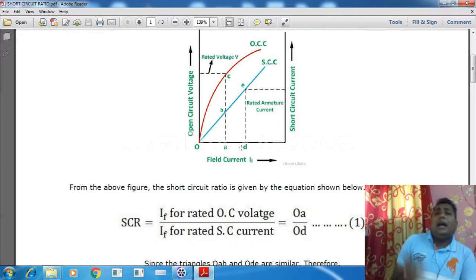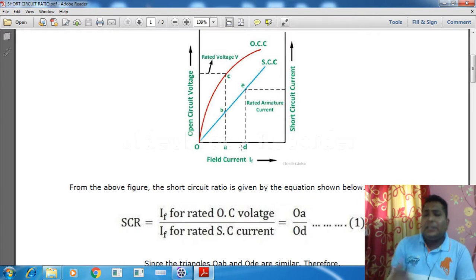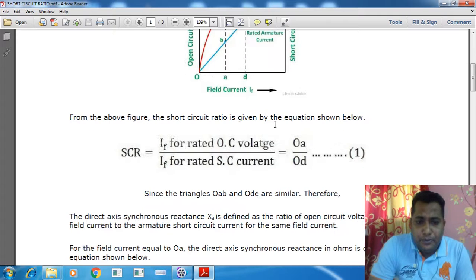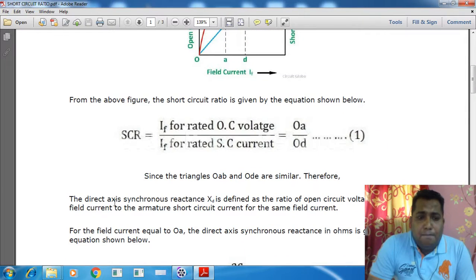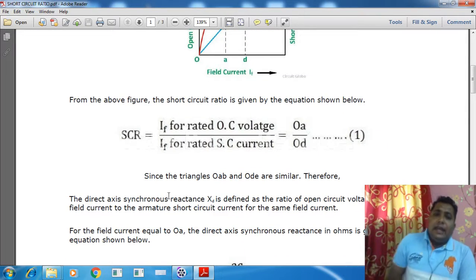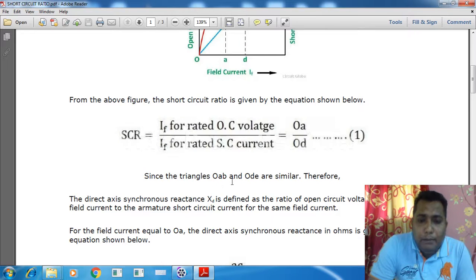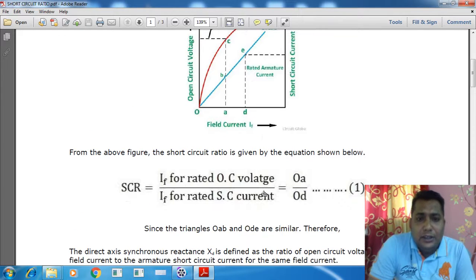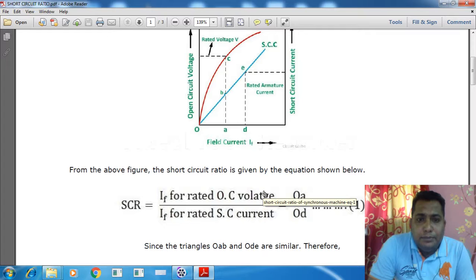Now the point is how we can find this, and that derivation we are going to do now. Since the triangles OAB and ODE are similar, see there are two triangles forming.